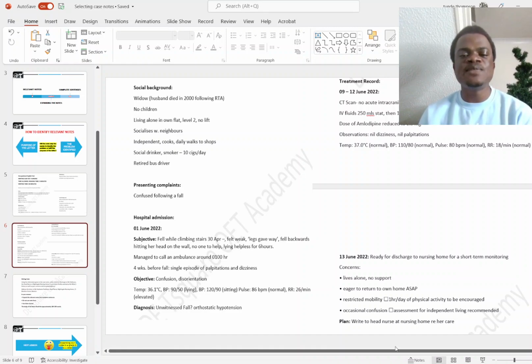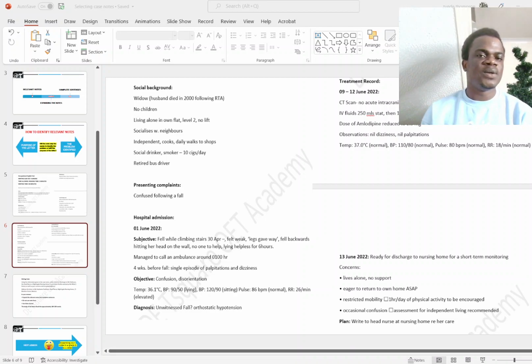All right, so it means we want the reader to monitor this patient for a short while. Okay, so monitoring this patient temporarily is the purpose of this letter. The next question will now be, why will this patient need short-term monitoring from this nursing home we are discharging this patient to?